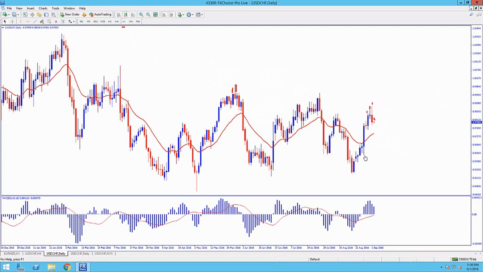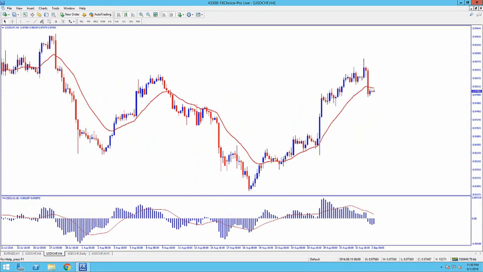Every day the market has its own bar. If we look at a 4-hour chart, what that means is this is an H4. That's a 4-hour price bar. That means that each bar has lasted 4 hours of trading. Each bar represents 4 hours.